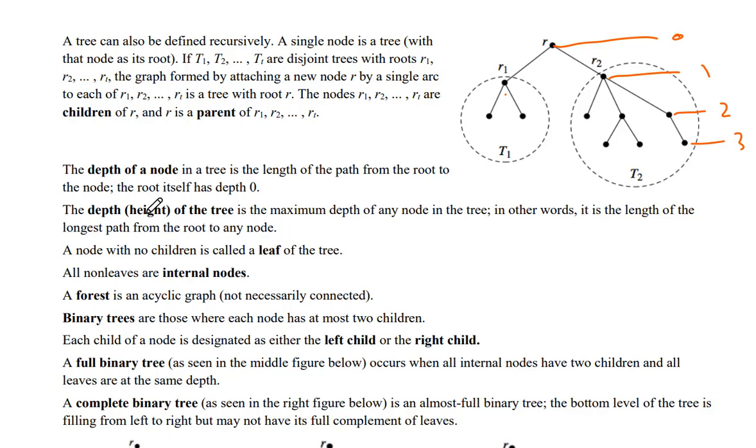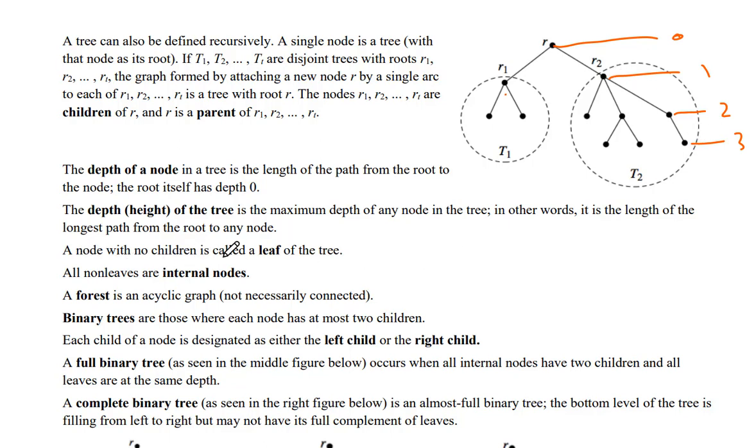The depth or the height of a tree is the maximum depth of any node in the tree. In other words, it is the length of the longest path from the root to any other node. So the longest path can be this one here or this one here. As you see, 1, 2, 3.